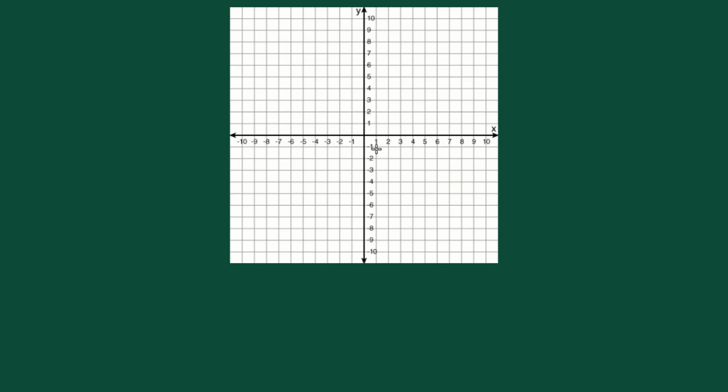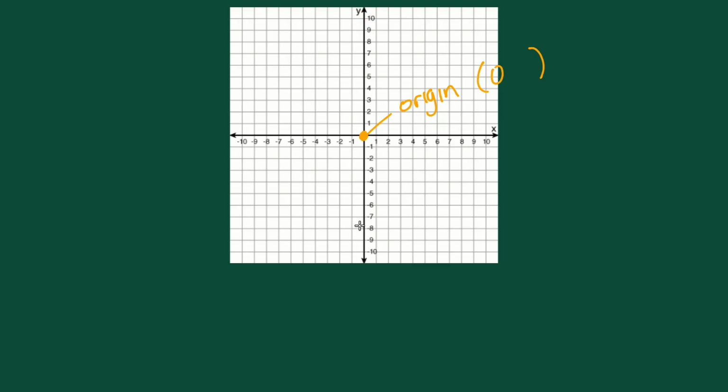So I said before, this point right here is called the origin. What are the coordinates for the origin? Remember, coordinates are x, comma, y. So where are we on the x for the origin? 0.